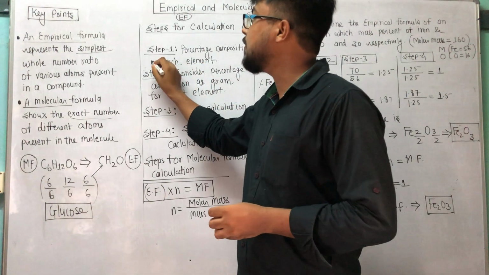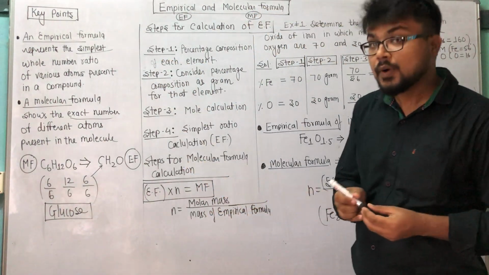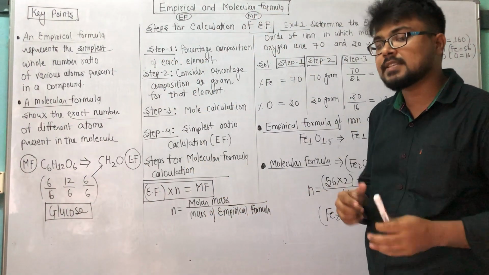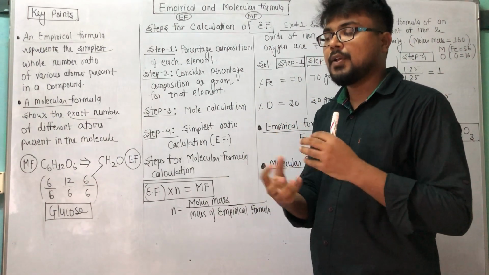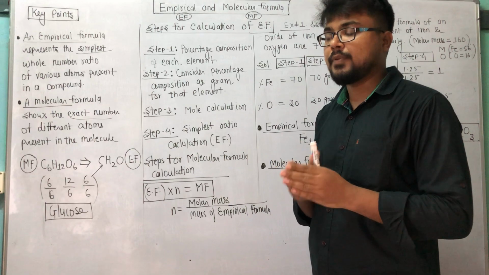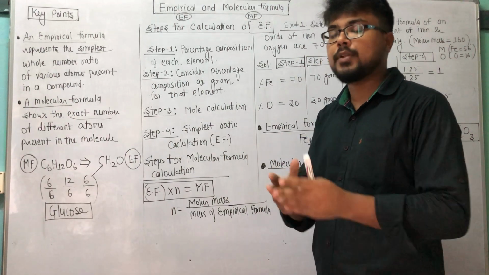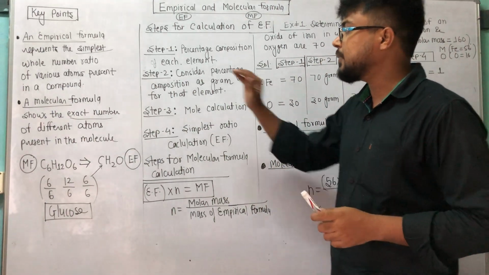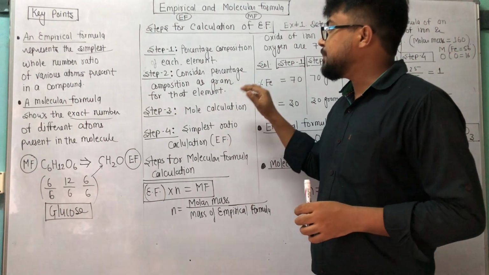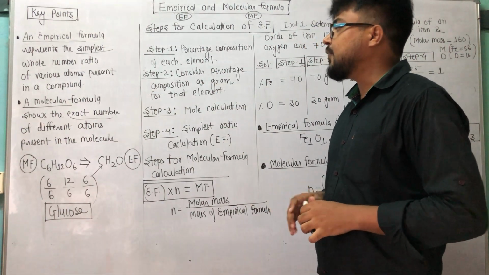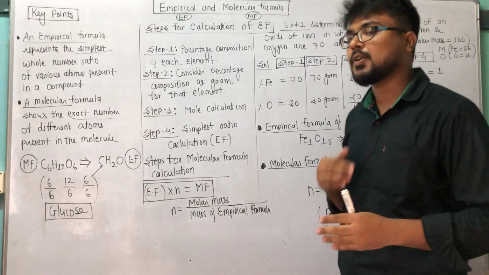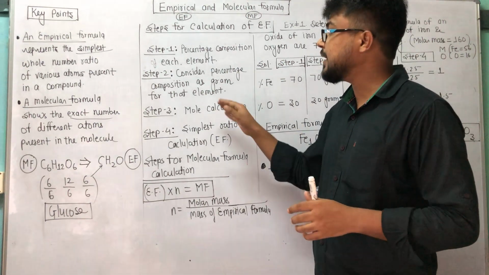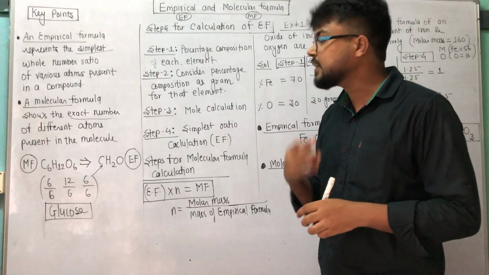Already we discussed in a previous video lecture how to calculate percentage composition. Step 2: consider percentage composition as grams for that element. Whatever the value of percentage composition or mass percent, it will be in grams.